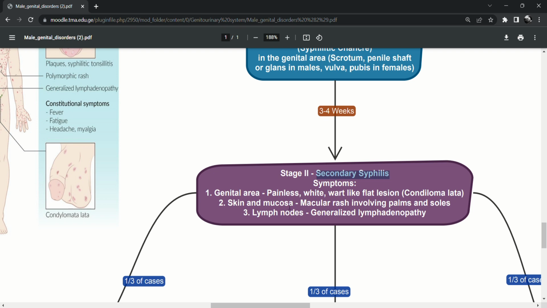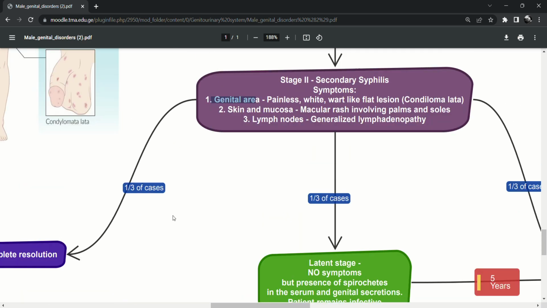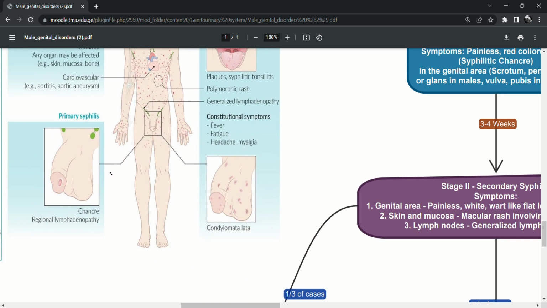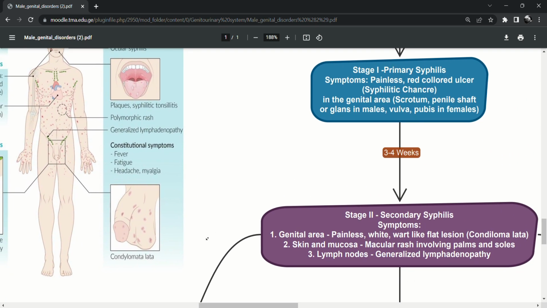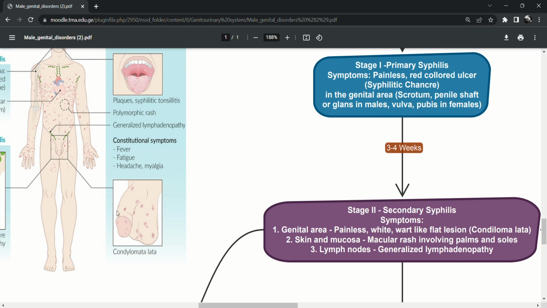And stage 2 syphilis is a bit more severe. It is characterized by condylomata lata, which are painless wart-like lesions, like this. They can develop on the penis, on the scrotum, on the inner thighs and in other areas as well.